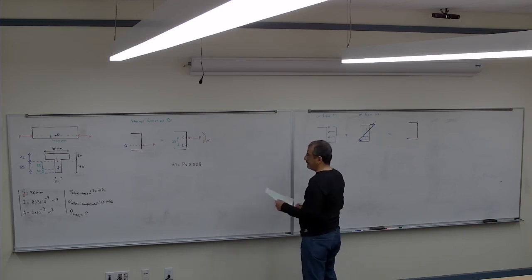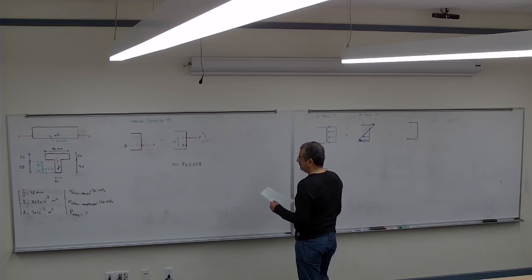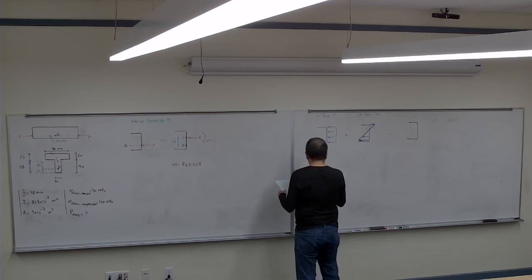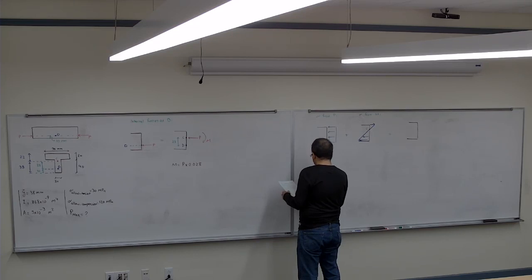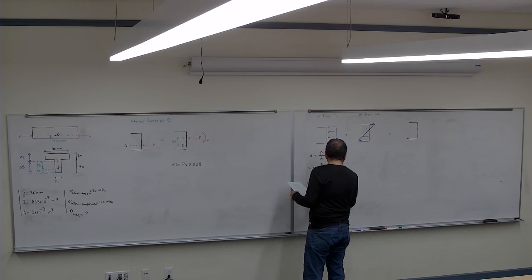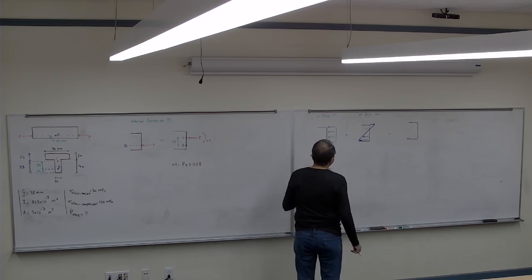The area is 3 times 10 to the negative 3, which gives us 333P, and it's going to be compression. So that's the sigma for that.